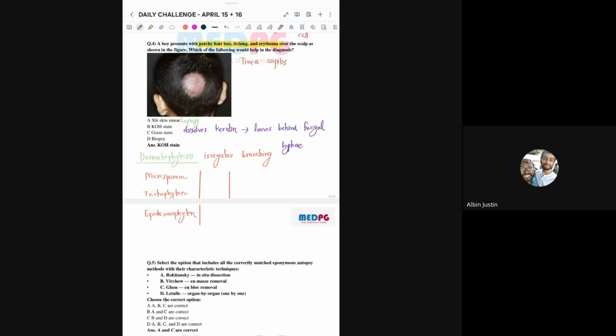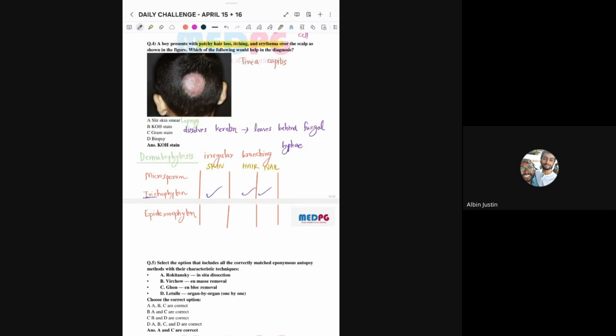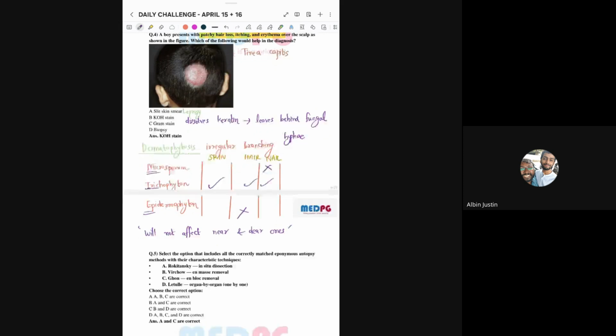Now we have skin, hair, nail. In trichophyton, just remember tri, so all are affected. In microsporum, nail is not affected. And in epidermophyton, hair is not affected. Very important.